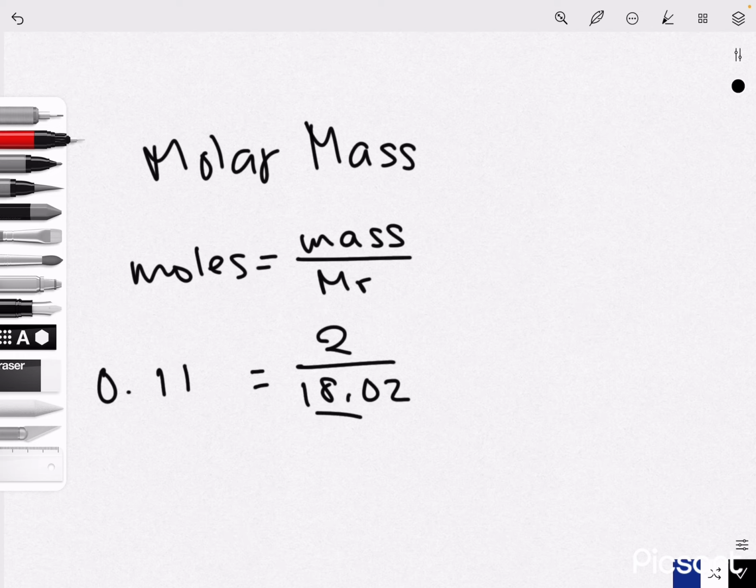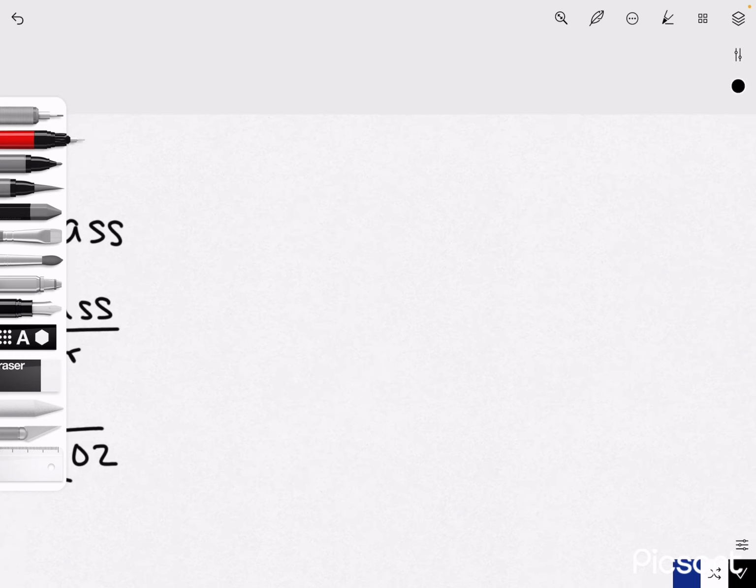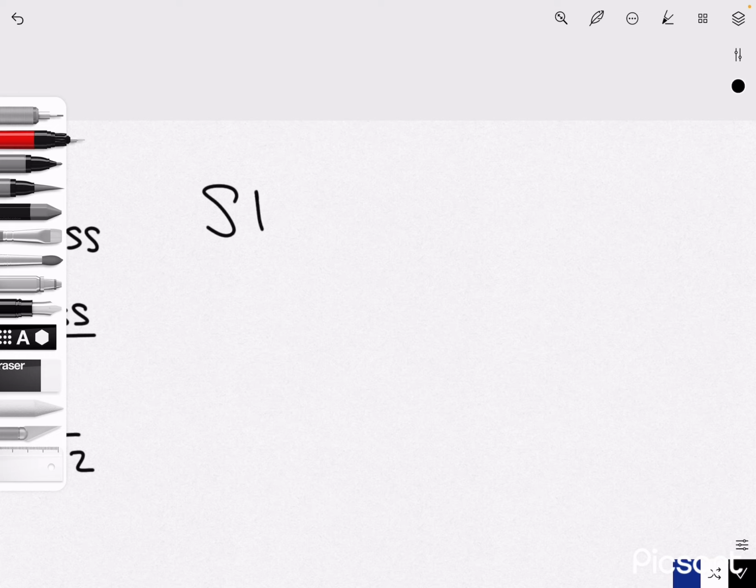Secondly, we need to know what SI units are. An SI unit, or SI, is the accepted unit system for consistent measurements of physical quantities. This is like your kg for mass, your A for amperes, for current.